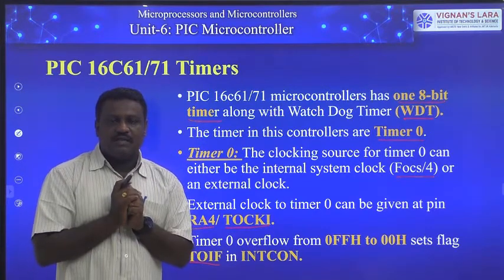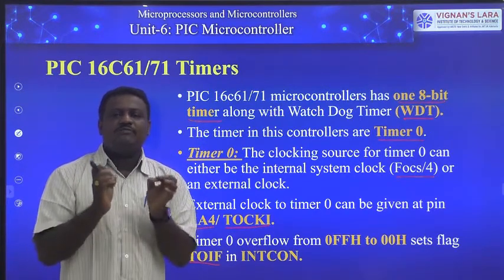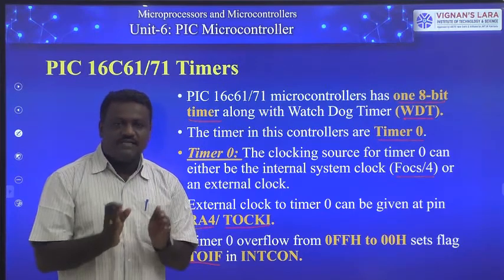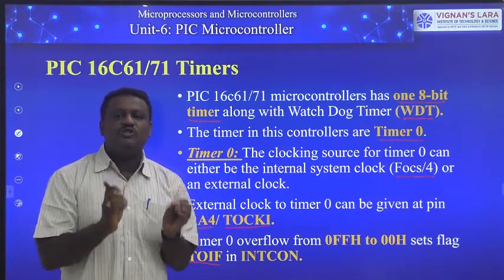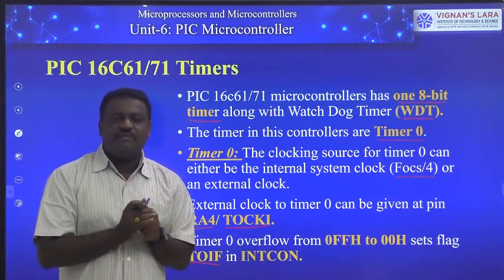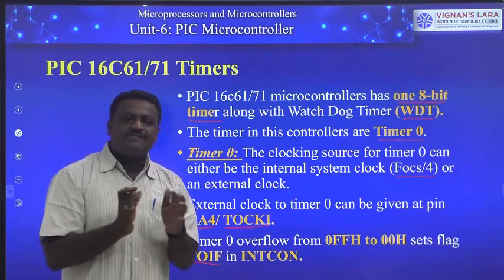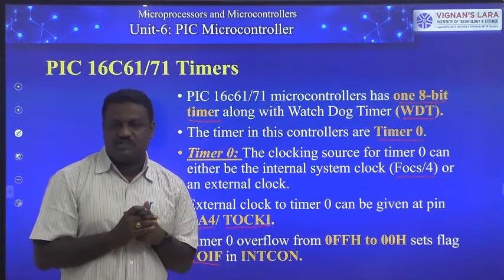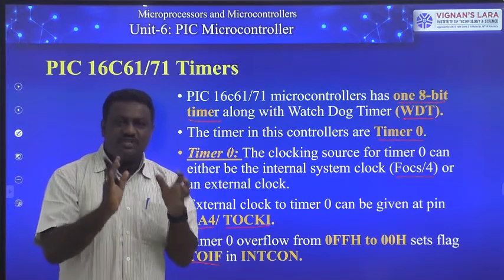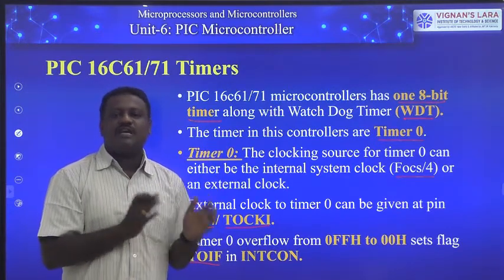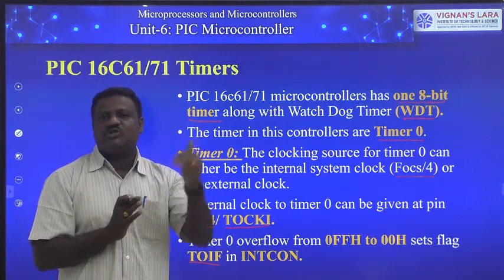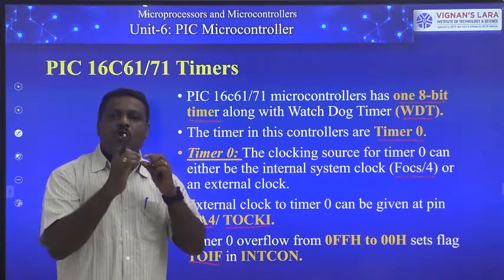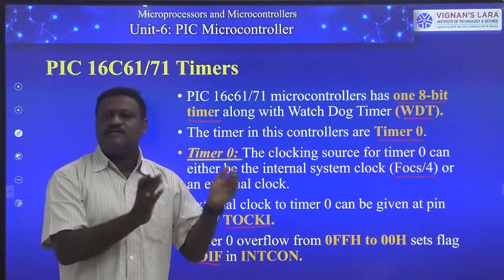set to 1. That means the timer we are identifying in this PIC, timer 0, always does up counting. Once it receives an input clock pulse, the content of the timer increments, so there is a chance the content of timer 0 reaches FFH. That means all 8 bits of timer 0 are equal to 1.